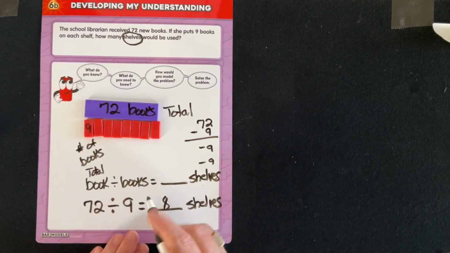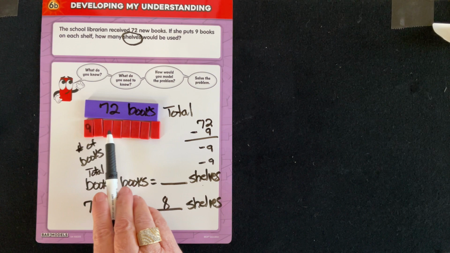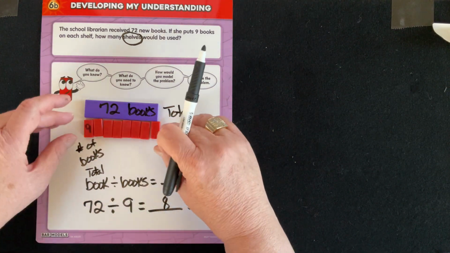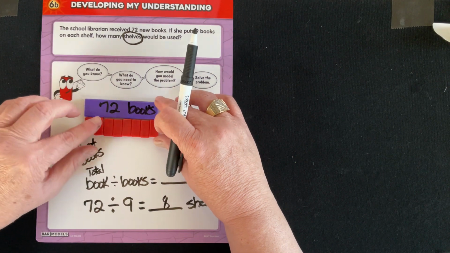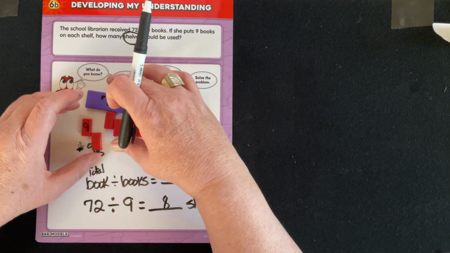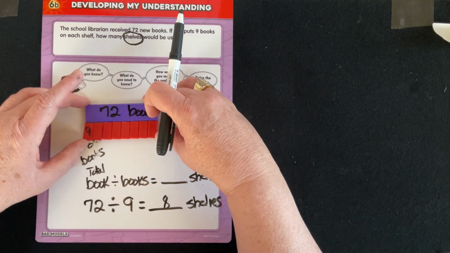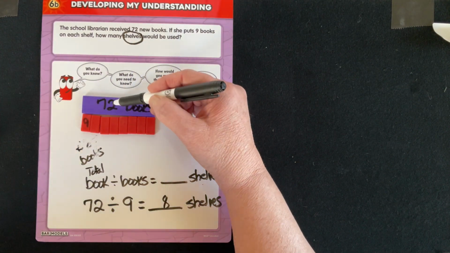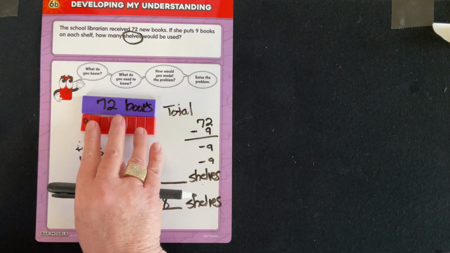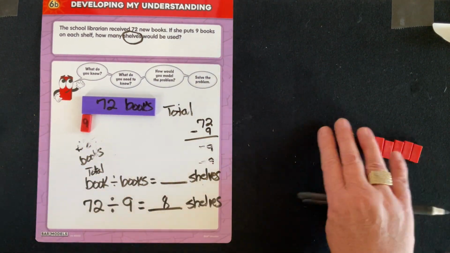Well, it's 8. And if you go up here, you've got 1, 2, 3, 4, 5, 6, 7, 8. What I will tell you is when you're modeling these, we have set it up so that the colors will come out even. As these numbers grow in quantity, really this becomes almost obsolete.